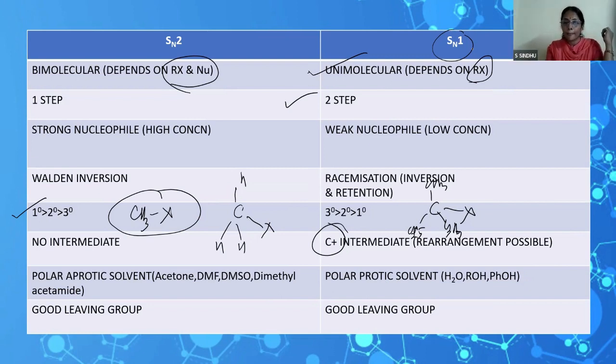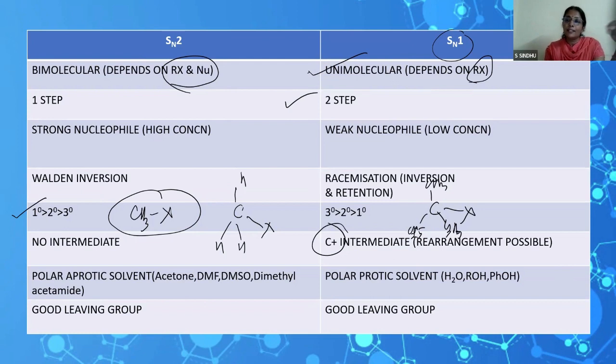Madam, methyl chloride is also a primary alkyl halide only, no, madam? Methyl chloride, the halogen is just attached to a methyl group; we call it separately as methyl because for primary we say CH2 and an alkyl group.